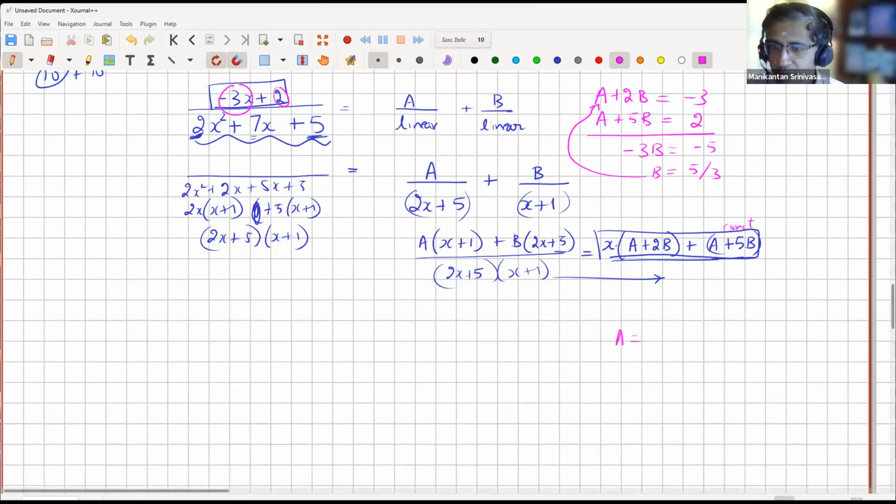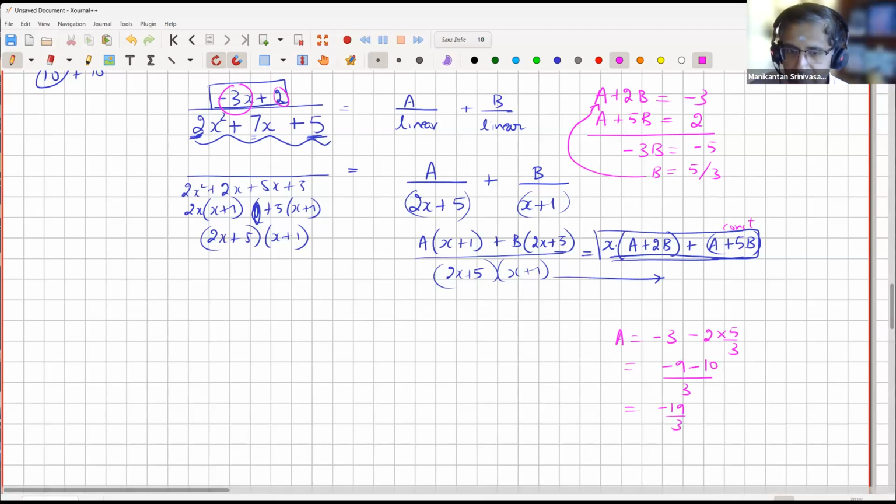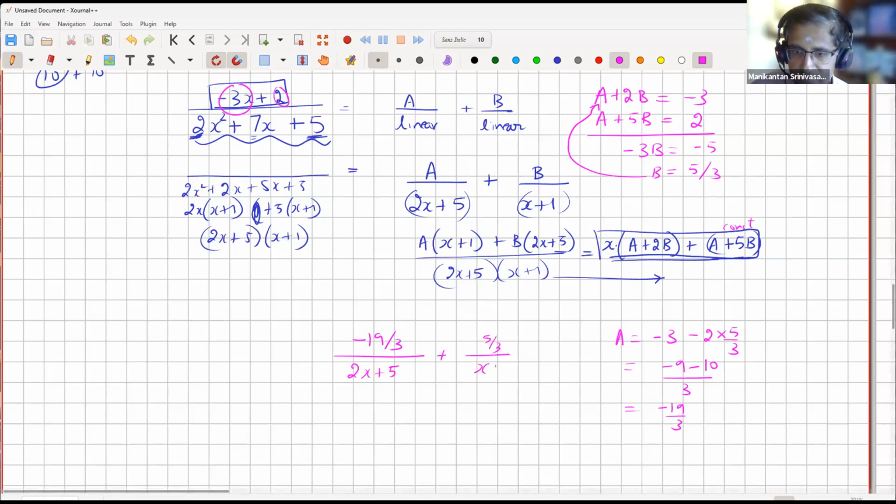So a equals minus 3 minus 2b, 2 times 5 by 3, which simplifies to minus 9 minus 10 by 3, so minus 19 by 3. So in summary, if I didn't make any silly mistake, I've split it into minus 19 by 3 times 2x plus 5, plus 5 by 3 upon x plus 1.